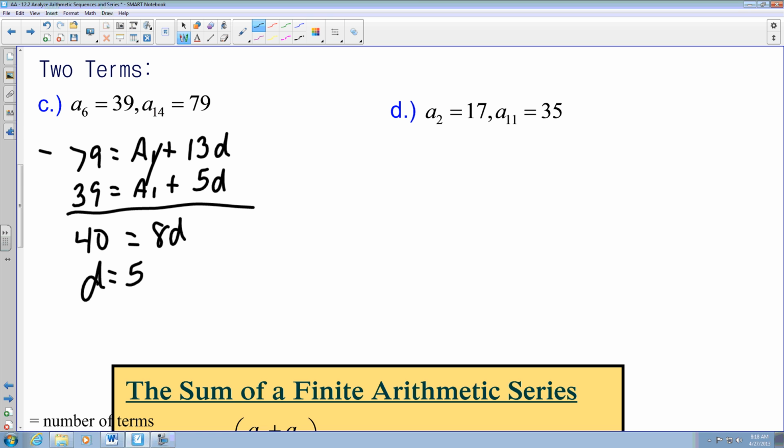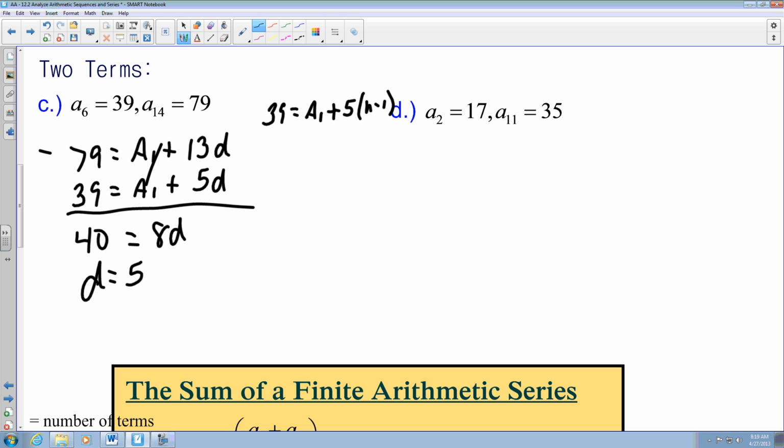So I'll use a sub 6. So let's go: 39 equals a sub 1 plus, so it would be 5 for d, and then it's going to be to the n minus 1.